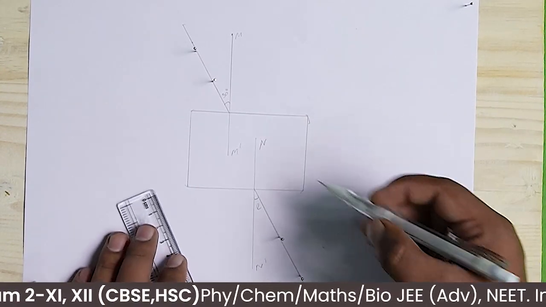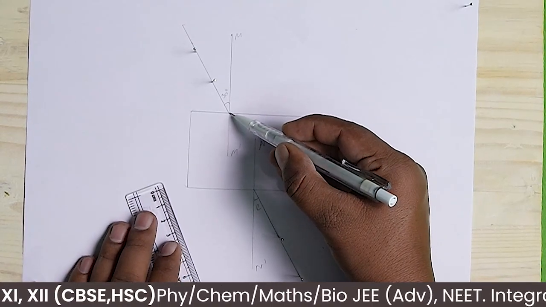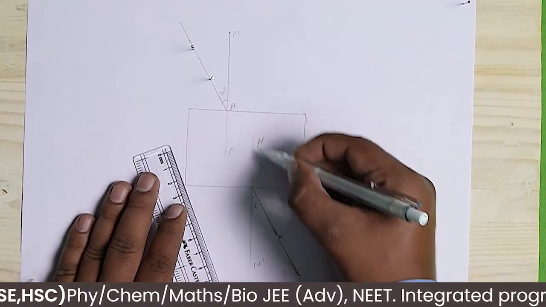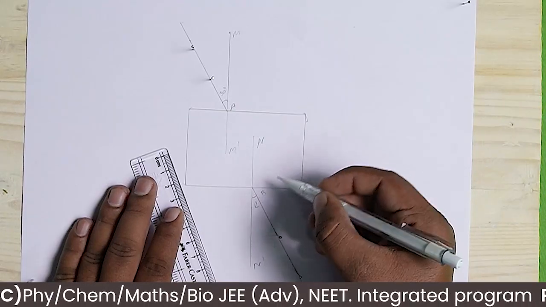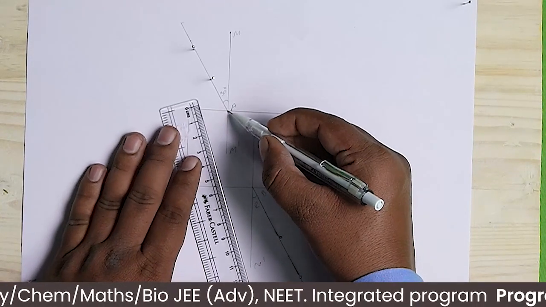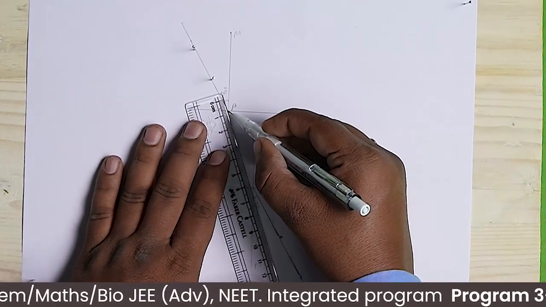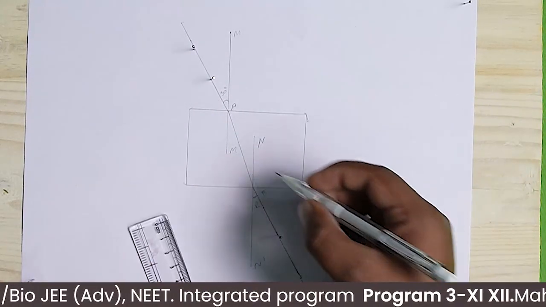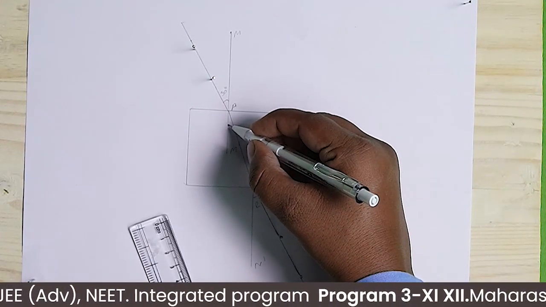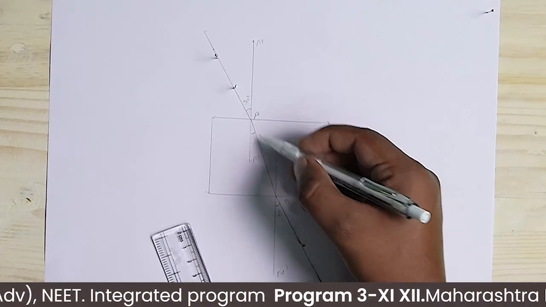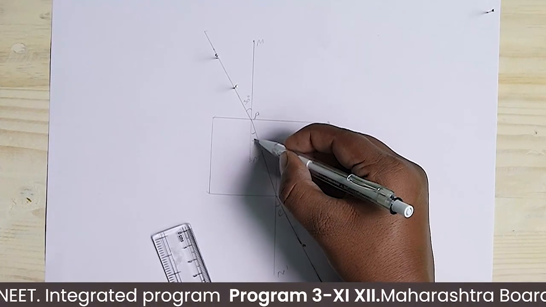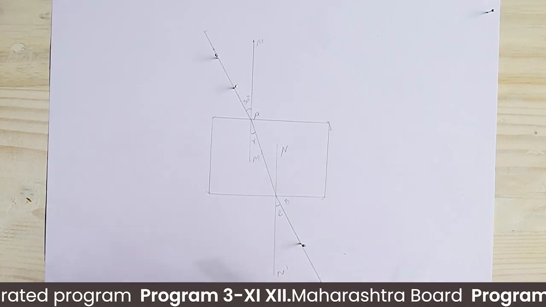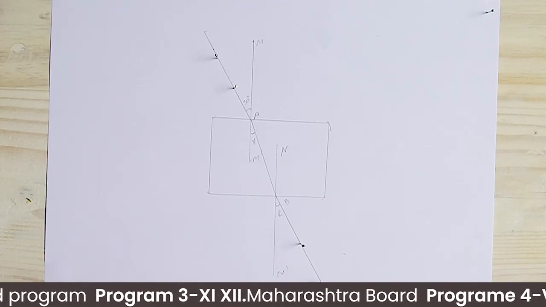Connect point A to point B. The angle MAB is the angle of refraction. Now measure the angles.